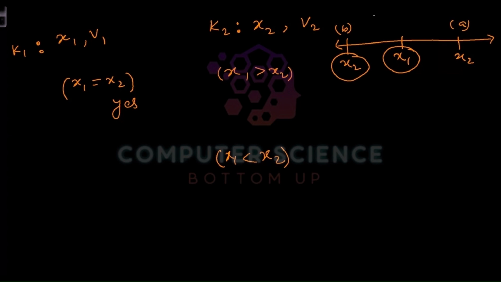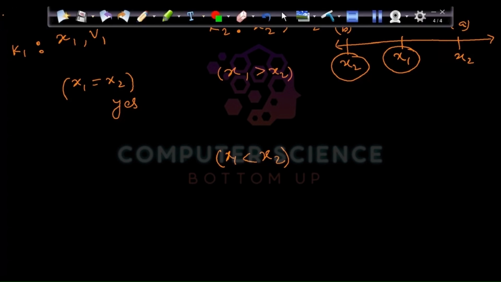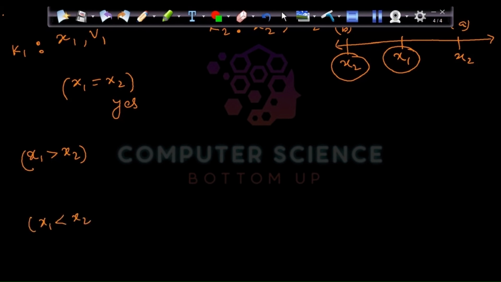Otherwise, they will never meet. So there are two situations: when x1 is greater than x2, and when x1 is less than x2.